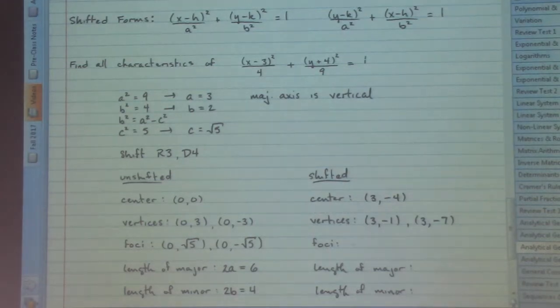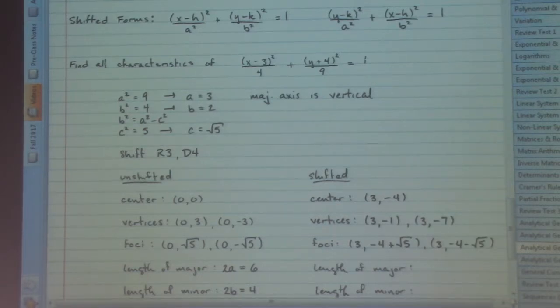Likewise with foci, adding that center would give us (3, -4 plus √5). And for the other focus, (3, -4 minus √5). Not super friendly, but nonetheless, that is what it is.